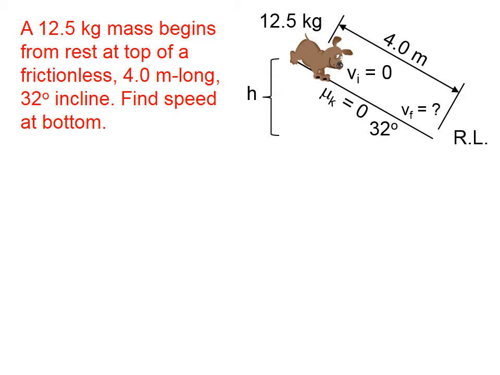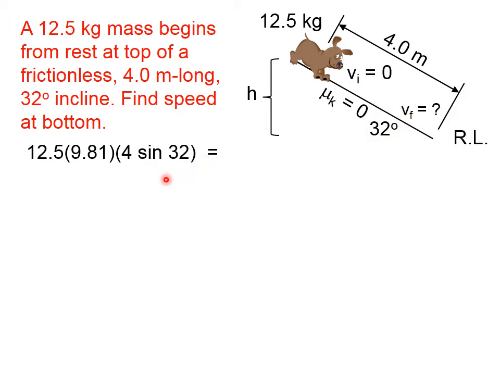Hopefully we can see by now that at the top this mass will only have gravitational potential energy, and at the bottom he'll only have kinetic energy. At the top, his gravitational potential energy is equal to m times g times h, and in this case h is equal to 4 meters times the sine of 32.